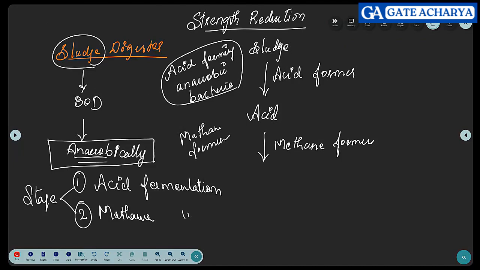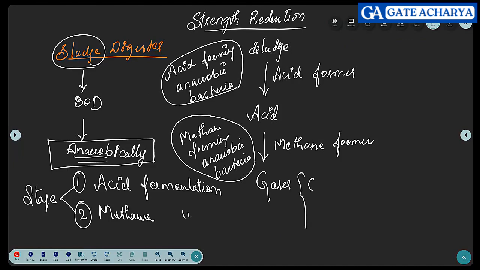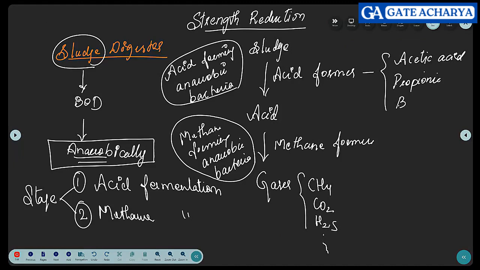They result in the formation of gases such as methane, carbon dioxide, H2S, and so on, in some minor quantity. The acid formers produce acids such as acetic acid, propionic acid, and butyric acid.